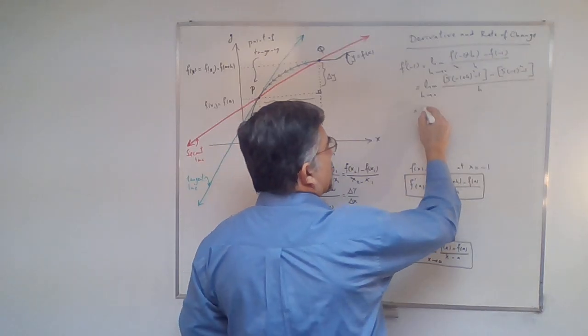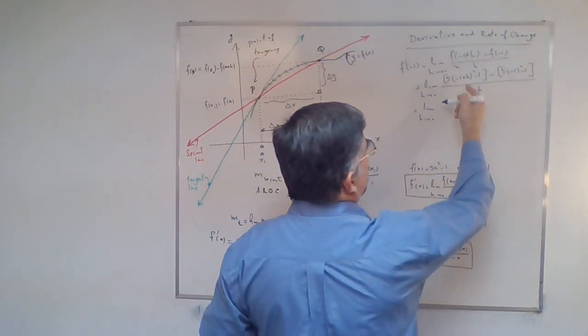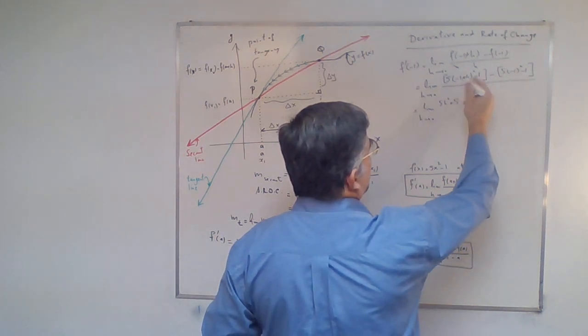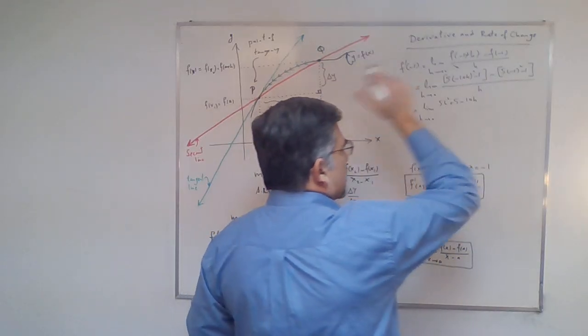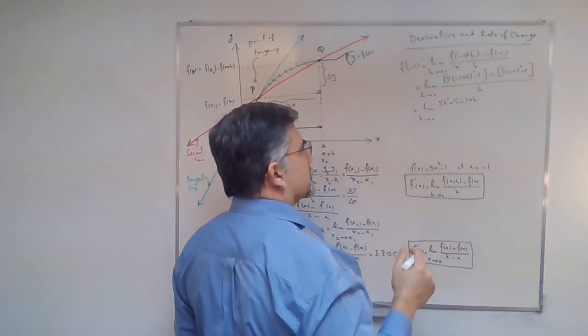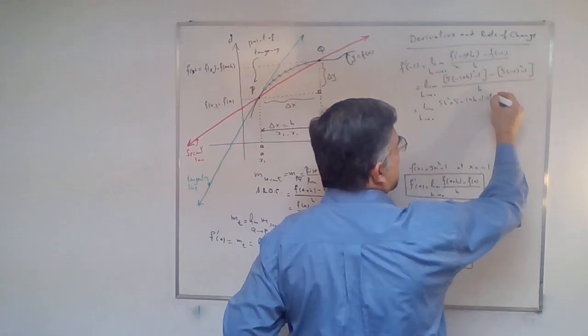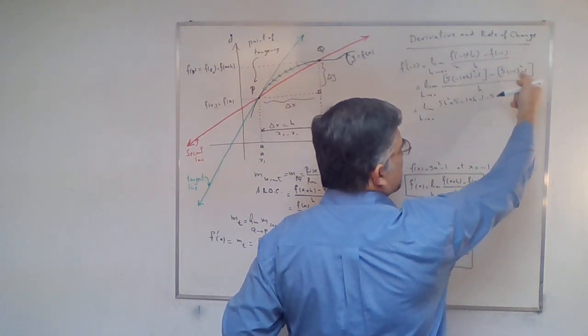Okay, we continue simplifying. So we end up with 5h squared plus 5 minus 10h. You have to do the expansion and the calculations. We don't talk about the basic algebra here. Minus 1 minus, this is 5 minus 1, which is 4.